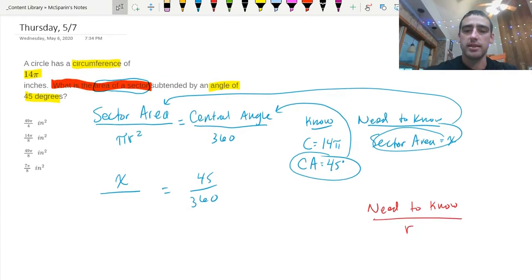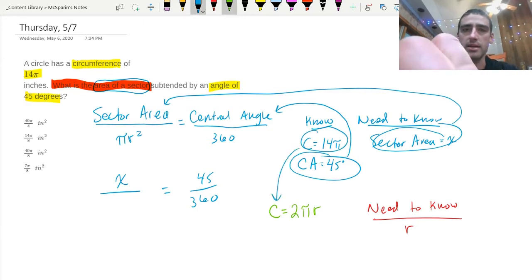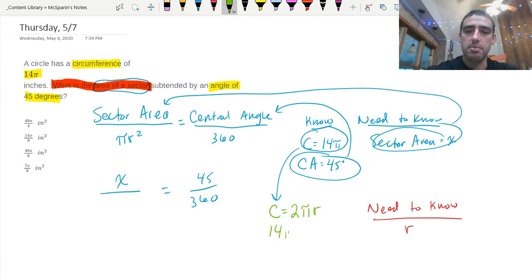It goes something like this. Circumference equals 2 times pi times r. All right. So now I'm going to take my circumference, and I'm going to put it here. So now I've got 14 pi equals 2 times pi times r.